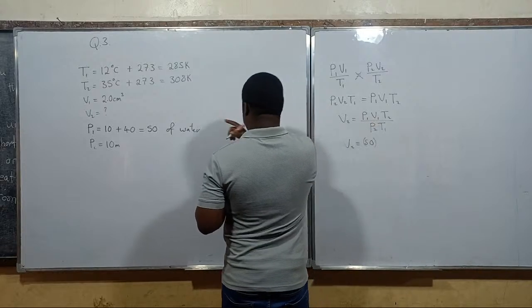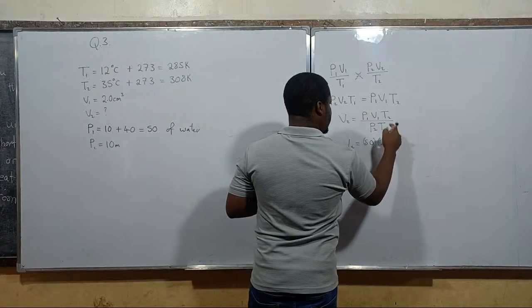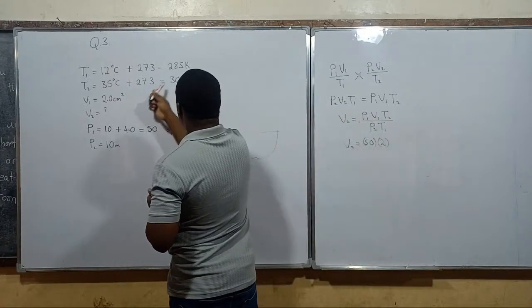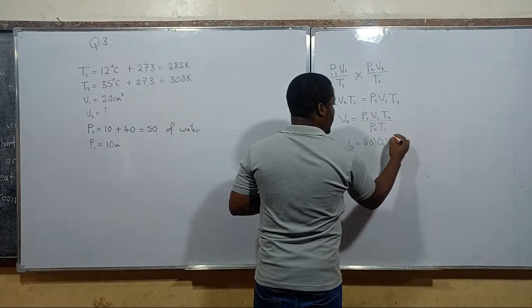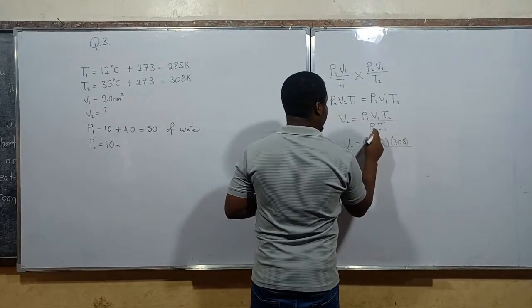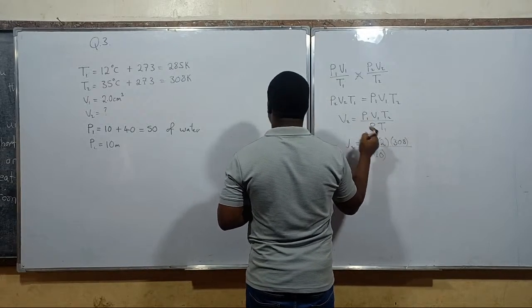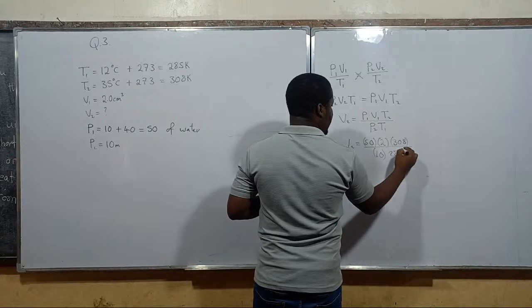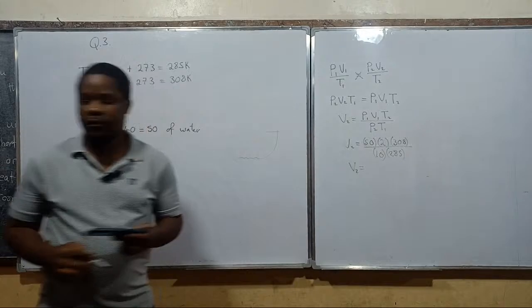Volume 1, we have 2. Temperature 2, where is temperature 2? Temperature 2 is 308. We have to use kelvins, not degrees. Divided by pressure 2, which is 10, and temperature 1 is 285. Okay, so let's go ahead and compute that. Let's see what we get.